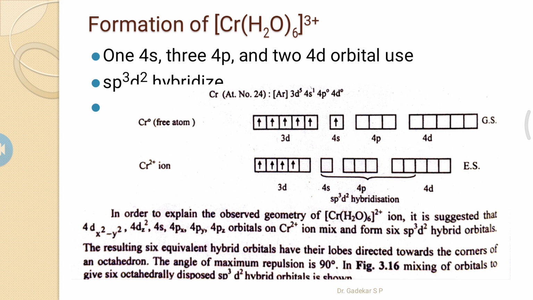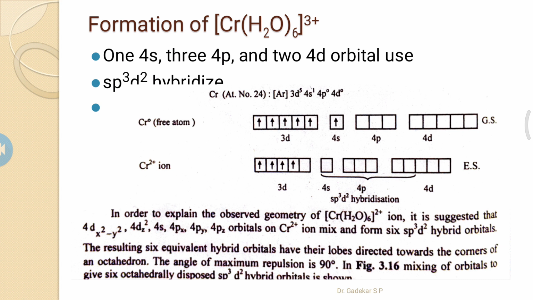Okay, there are two types of ligands: strong field ligands and weak field ligands. If it involves strong field ligands, they form inner types of hybridization, that is d2sp3 types of hybridization. Okay, here water is a weak field ligand. Okay, it involves outer d orbitals to form sp3d2 types of hybridization, meaning outer shell d orbitals are involved in this hybridization.